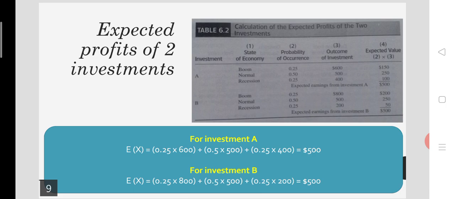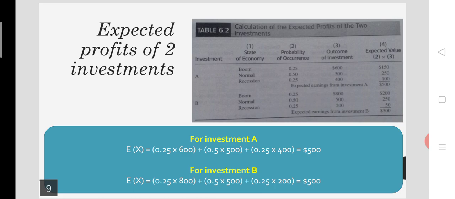When the economy is in a recessionary situation in the future with a probability of 0.25, the outcome will be $400. Then 400 multiplied by the probability 0.25 gives the expected value in the last column, which is 100.